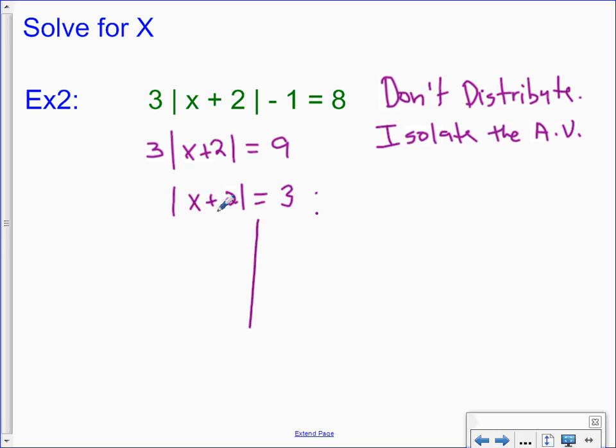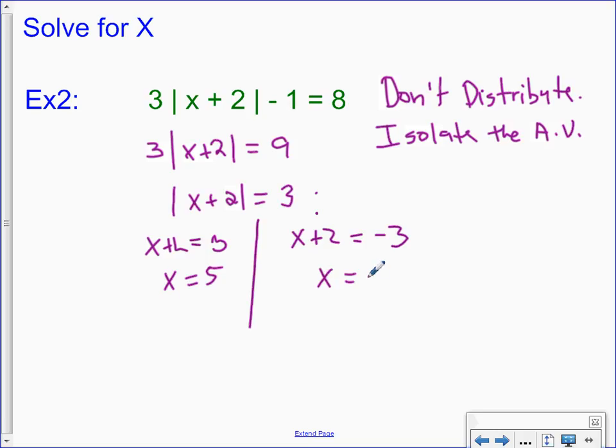Which means the inside, if the answer is 3, could be either -3 or +3. So x plus 2 is either 3 or x plus 2 is -3. Adding the 2 to the other side, you get x equals... Nope, you don't. You get -1, sorry.